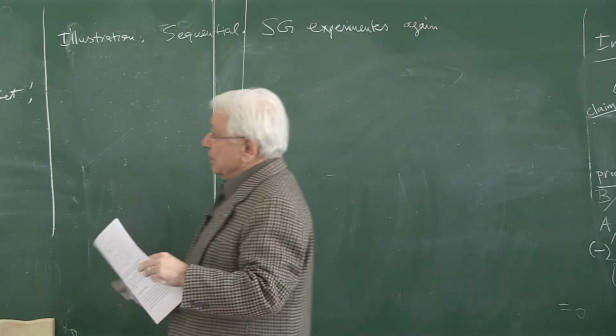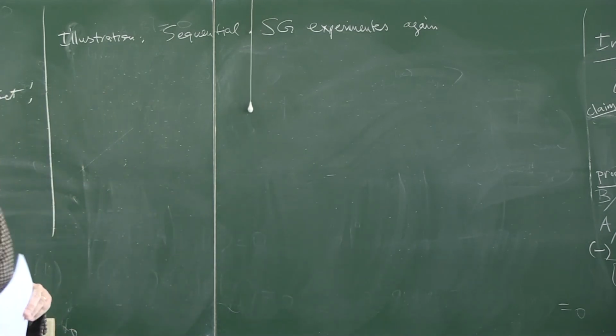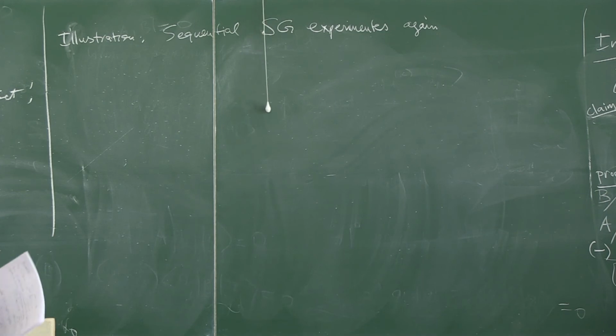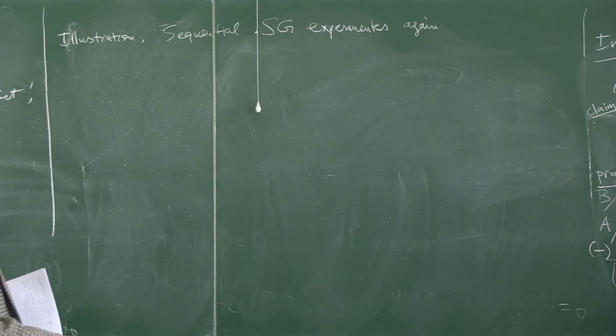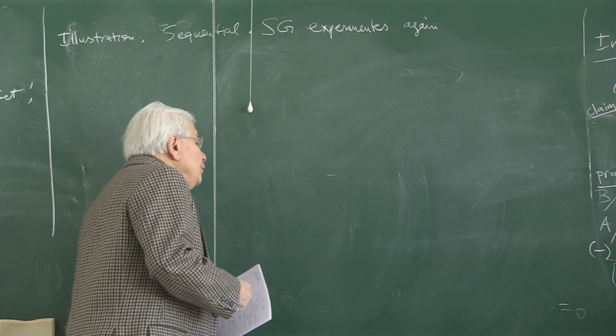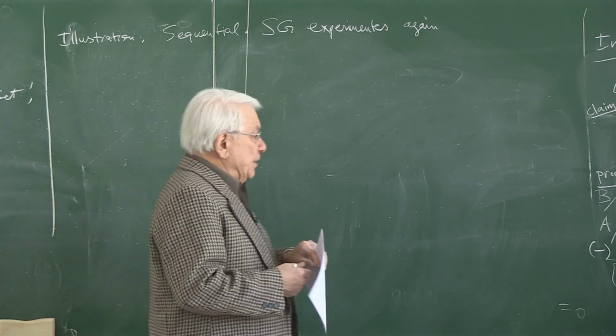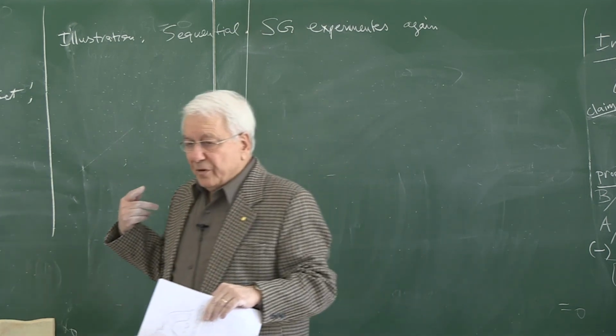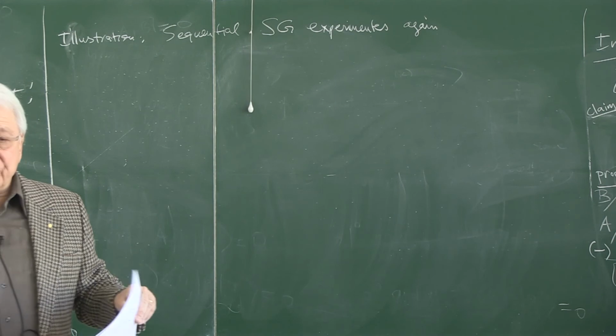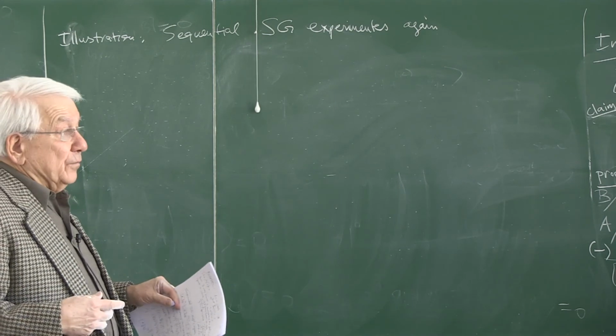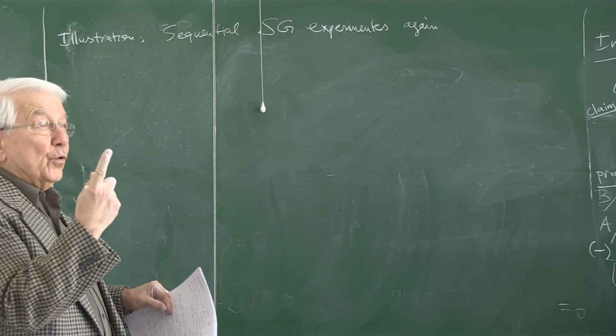Now this measurement of incompatible operators offers some interesting issues. The quantum mechanical features of measurement theory are made more manifest when you really try to measure incompatible operators one after another. Remember, that was the starting point.